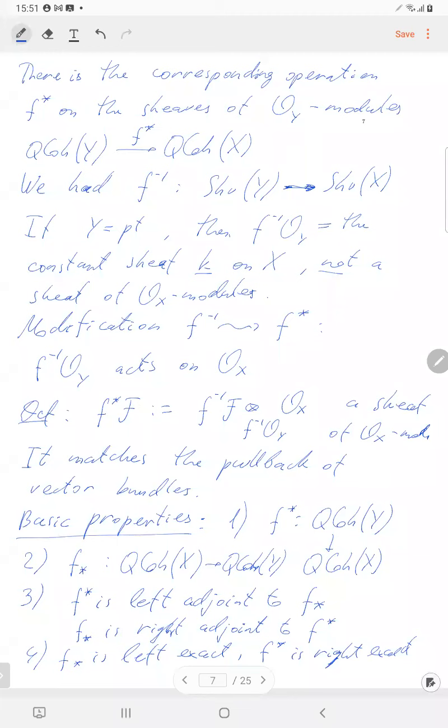But about the pullback, can you give an example when it is only right exact, but not left exact?